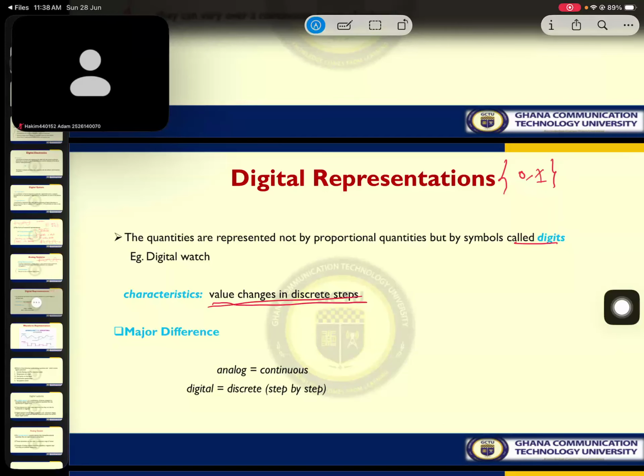The major difference between analog and digital signals is that analog is continuous in nature, and digital is discrete. If the value changes in discrete steps, it means the variables transition between distinct separate values, like integers, at specific intervals, rather than changing smoothly over time.